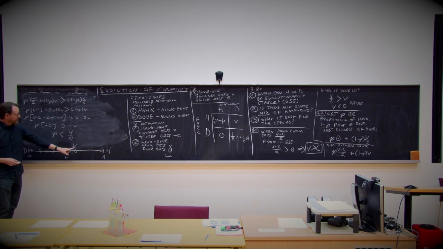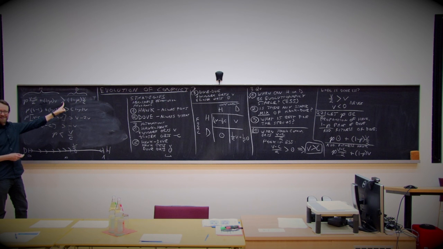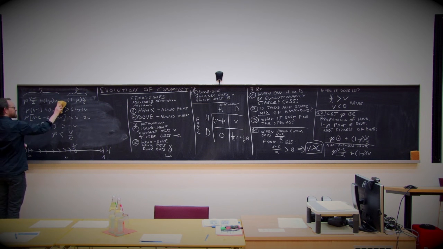So we could ask the other question. I'm going to spare you the algebra. Just imagine flipping the inequality up top, right? And that asks the other question: when does dove increase? Because if hawk has a lower expected fitness than dove, then we just flip the inequality. Just flip all of these inequalities.